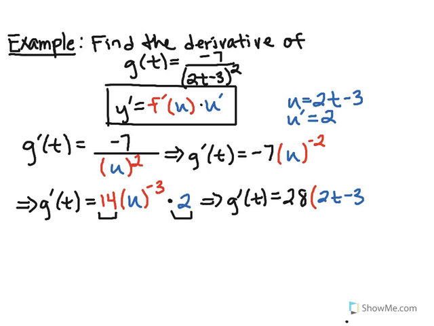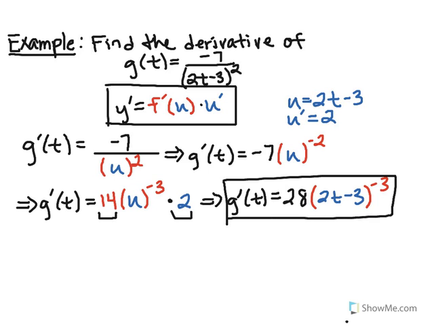I'm going to close off my parenthesis and rewrite my exponent, and that is it. This is my final answer. So if you find this easier to do with some substitution than Leibniz notation, then this is what I want you to use. Alright, this concludes this tutorial.